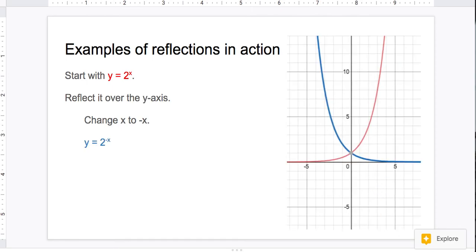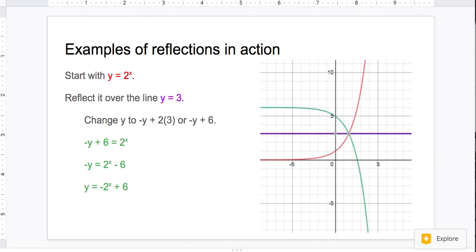So far, so good. Let's try a y-axis reflection. There's the original 2 to the x in red. Change x to negative x, there's not much else to do. And there it is, flipped over that y-axis. Now what if I wanted to do over the line y equals 3?